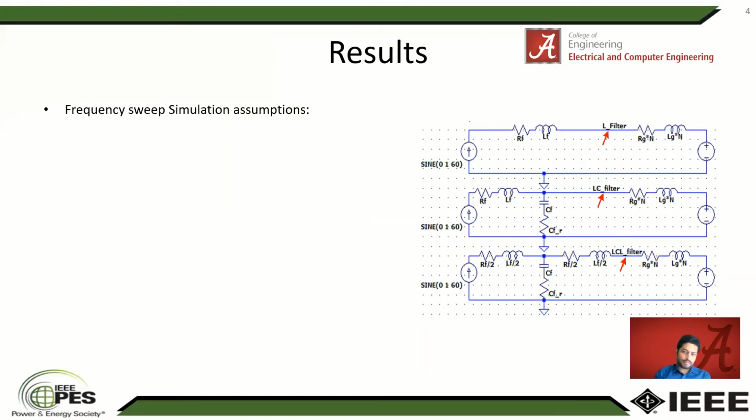Here I have some assumptions, such as all the IBRs are in grid following mode, not in grid forming mode. I represented all the IBRs as current sources because the current source units contain the fundamental and the harmonic components, and as they are putting currents into the grid, they can be represented as a current source.